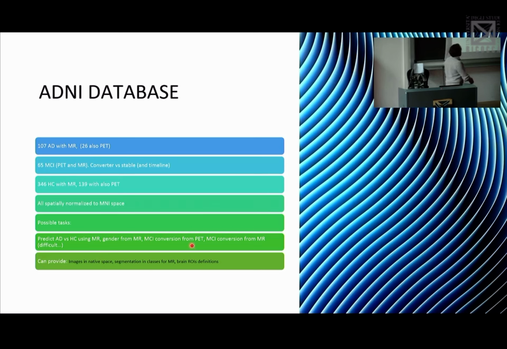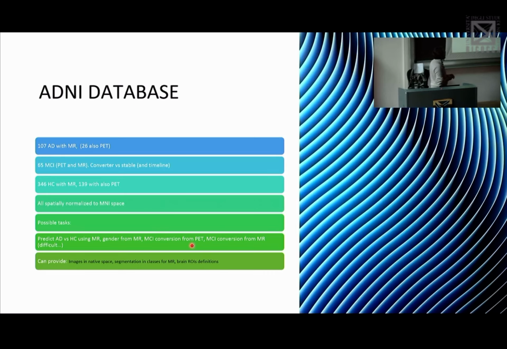You can try to predict mild cognitive impairment conversion from PET images or even from MR images, but I will tell you that this is very difficult in terms of the information being there.